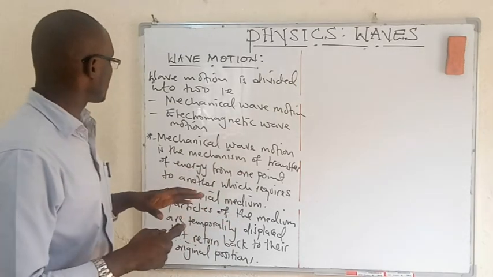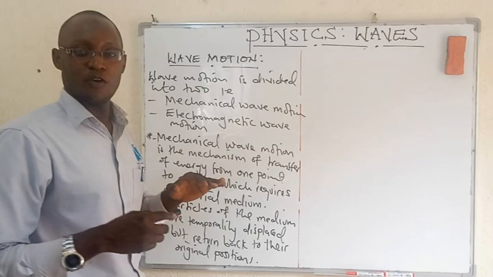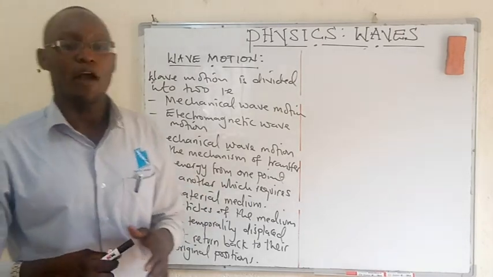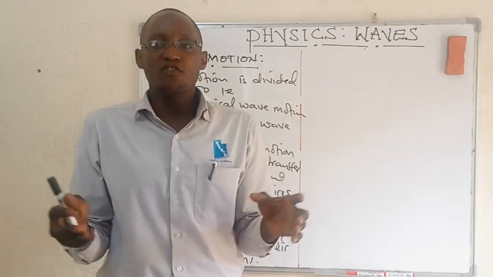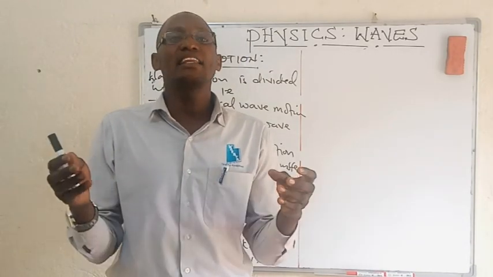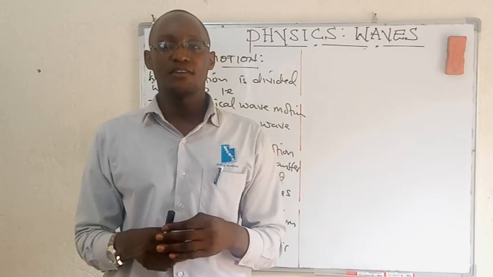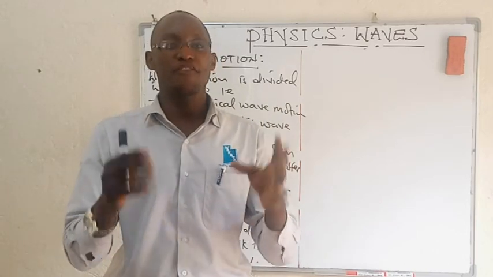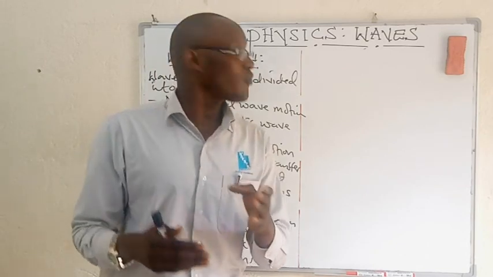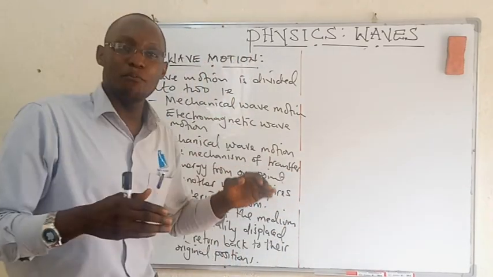Now, what about the electromagnetic wave motion? We are going to discover that electromagnetic waves are made up of electric and magnetic vibrations of very high frequency. These do not require any material medium.